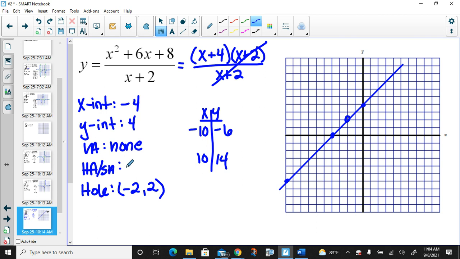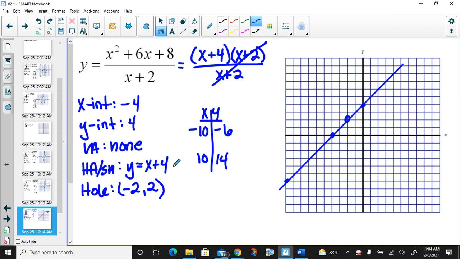So since 2 is exactly 1 larger than 1, we would have what's called a slant asymptote. Now, in this case, the slant asymptote is our graph. But typically we will use synthetic division, or in a very ugly, nasty case, long division of polynomials to find slant asymptotes.